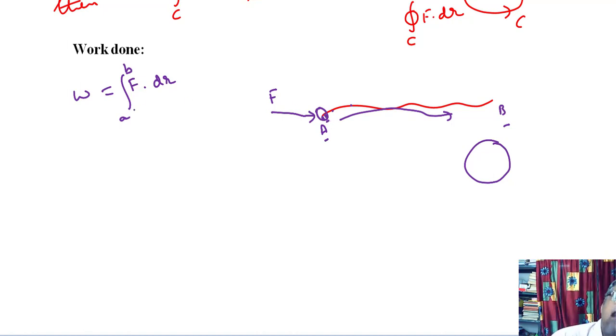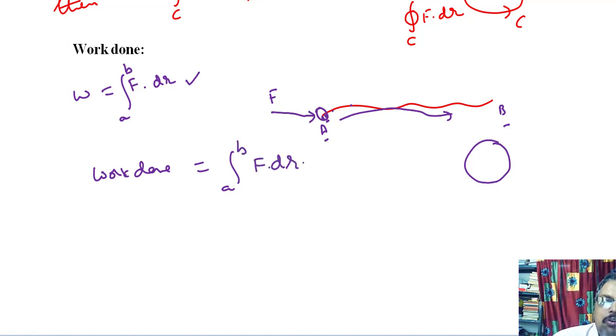The entire curve from A to B, where A is the first point and B is the last point, gives the work. So the formula is: work done equals the integral from A to B of F dot dr, force into displacement at a small arc. If you add all the works from arc to arc, you get the total work done. This is the formula for finding the work done.